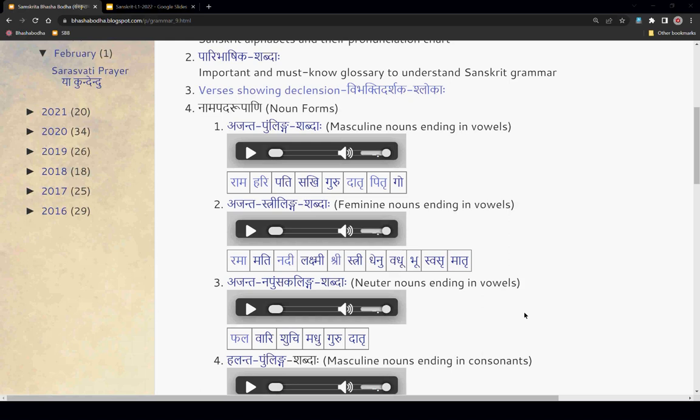Or another example, Kandukena Kridati, Kandukena is a Namapadam. So all these forms, Kandukena, Kandukasya, Balakasya, Balikayaha, are all Namapadam. They could be in any Vachanam, any Vibhakti, and any Lingam.